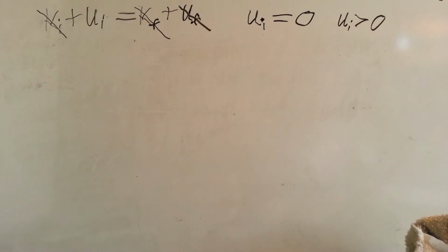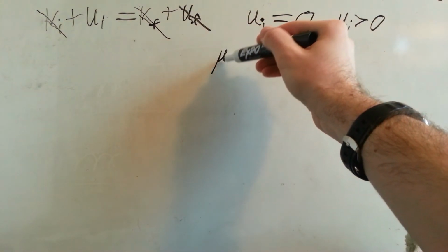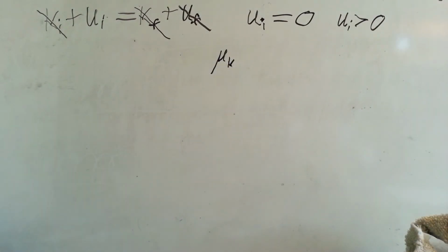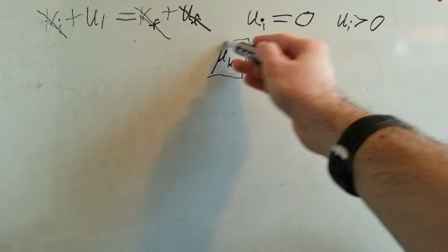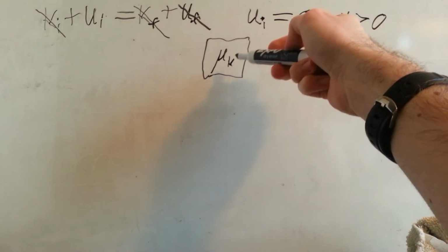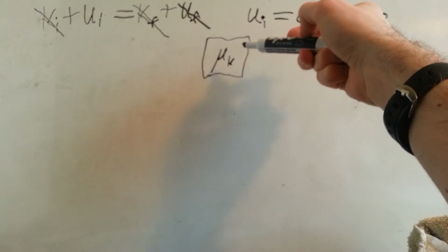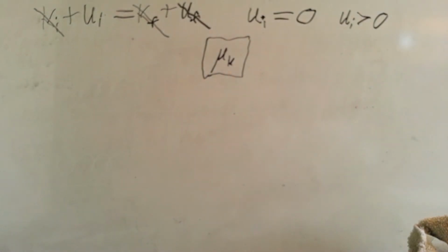So we're missing something. And this is a good time to remember that the problem wants us to find mu sub k, which is the coefficient of kinetic friction. So we have actually lost some energy to friction, and that is why it comes to rest on the tabletop. It's because it lost that energy to friction.